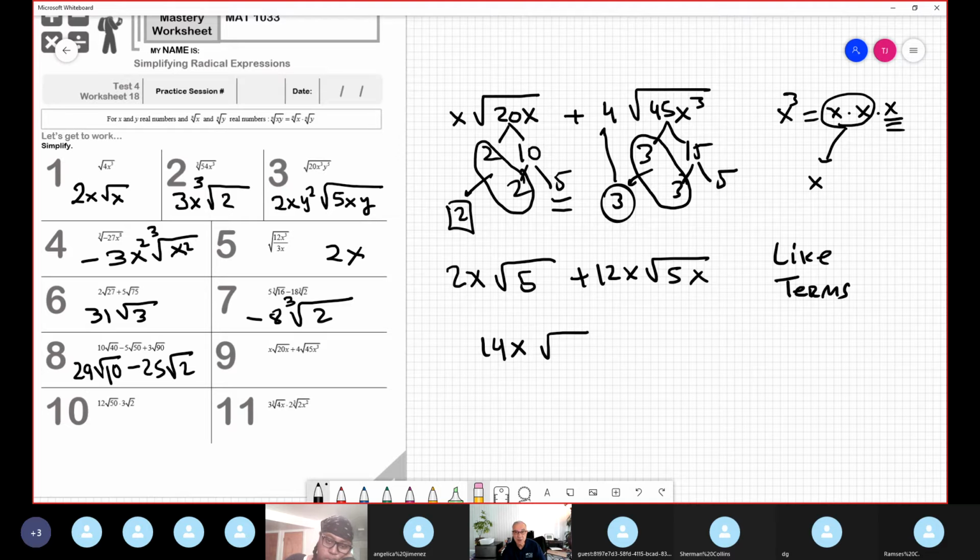Oh, I forgot this x. I just copy it here, 5x. I forgot this x. Okay, this x stays, I can't do simplification because there's only one. The answer is 14x radical 5x.